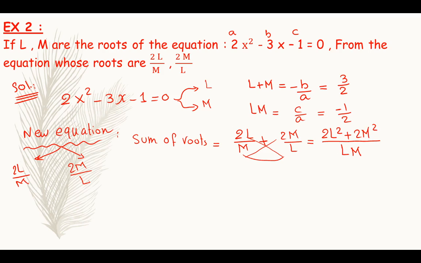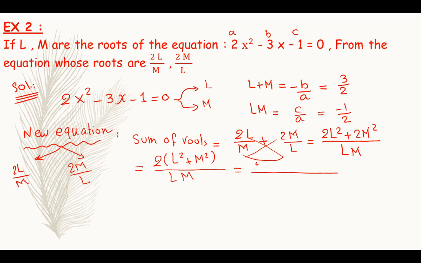Okay? Here, from the numerator, we are going to take 2 as a common factor. So the remainder will be L power of 2 plus M power of 2 over LM. But L power 2 plus M power 2 is one of the important rules. We took it in the first slide, so we have to remember it very carefully.